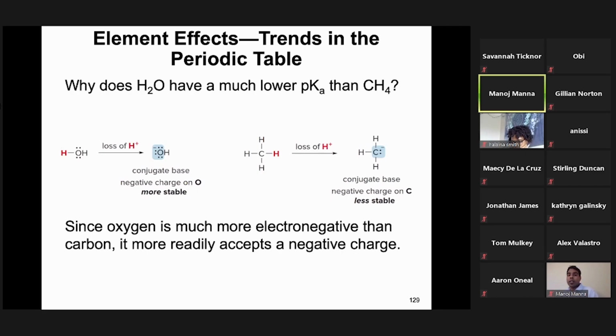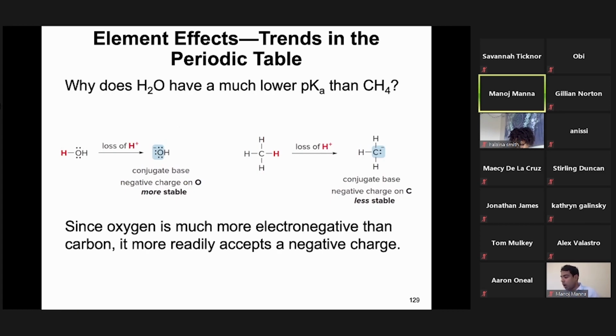So in terms of element effect, which is the more acidic proton, between water hydrogen and hydrogen from the hydrocarbon methane? Water is more acidic because the negative charge in the conjugate base on oxygen is more stable, compared to the negative charge on carbon, which is less stable. The relative stability of the conjugate base helps us understand the effect of element.